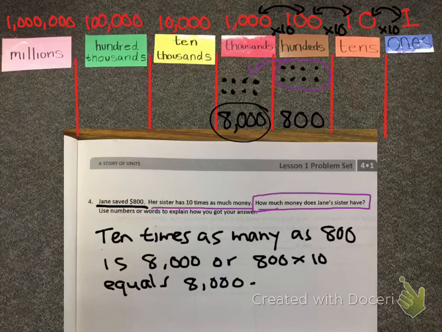Perfect. That's our answer. So 10 times as many as 800 is 8,000, or 800 times 10 equals 8,000. So, perfect response, perfect answer.